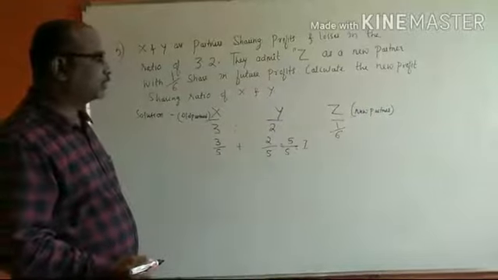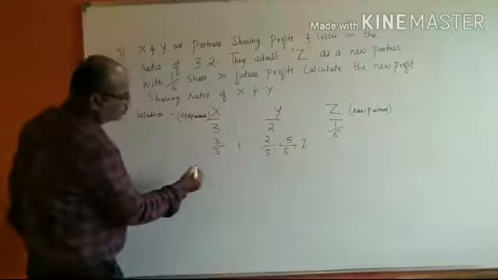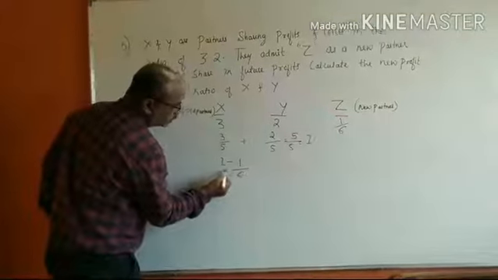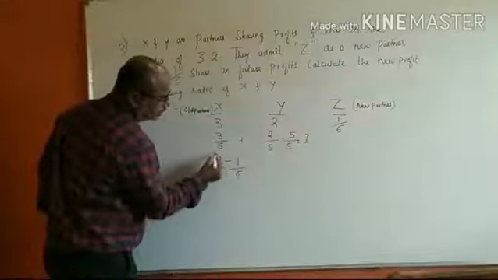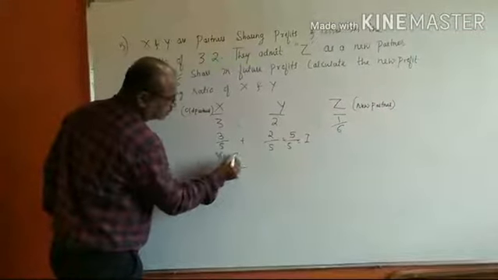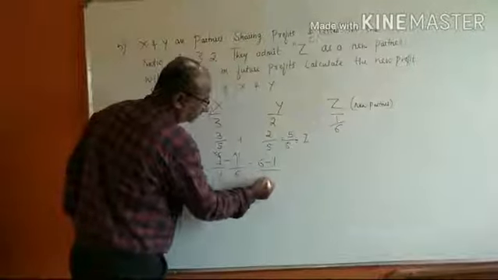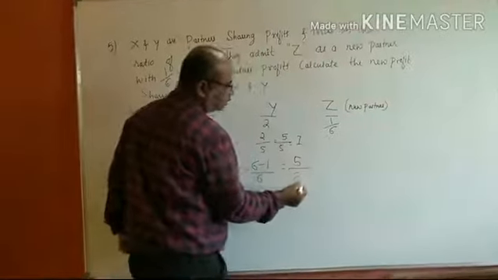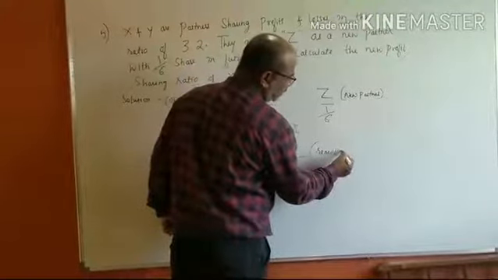Out of that, 1/6 has to be given to Z, a new partner. So 1 minus 1/6. If nothing is there, 1 should be considered as denominator. Cross multiply this: 6 minus 1 over 6 equals 5/6, the remaining share of X and Y after giving to Z.